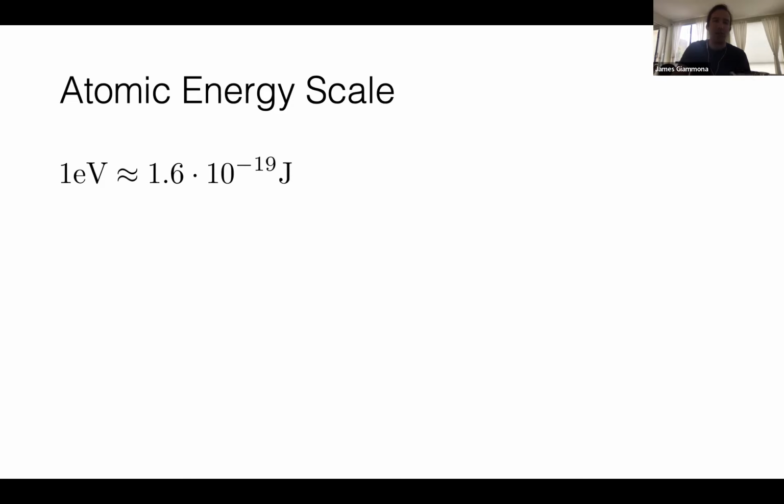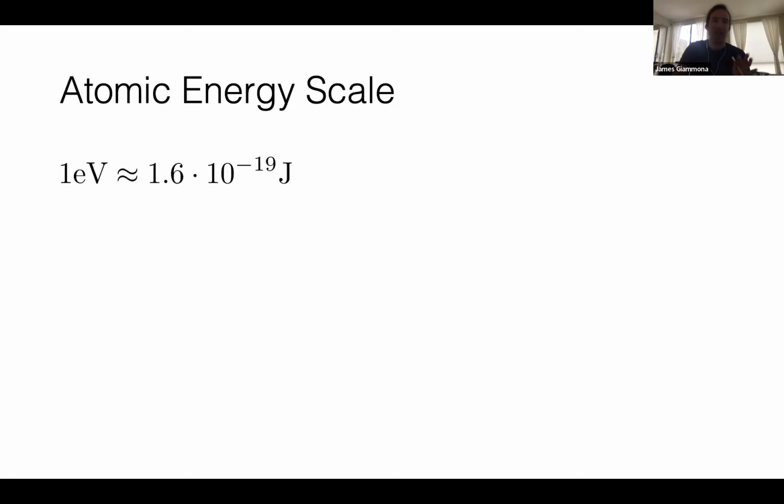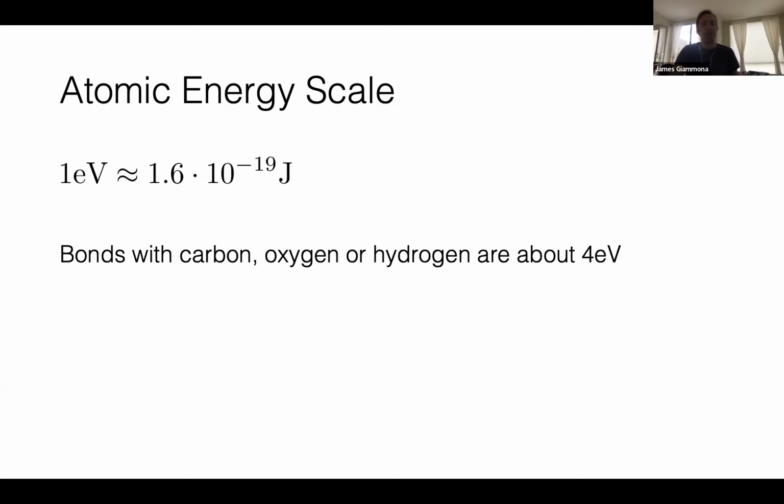What you really want to remember is 10 to the minus 19. It's an energy scale, so it's in joules. So we have 10 to the minus 10 meters for length scale of atoms, 10 to the minus 19 joules for energy scale of atoms. And we're going to say 4 eV about for the energy scale of most bonds. So we've got all that ready to go.